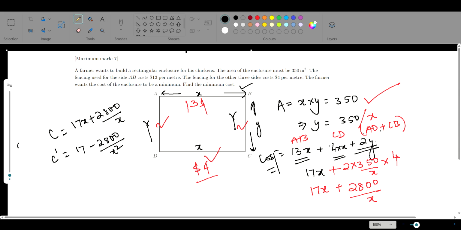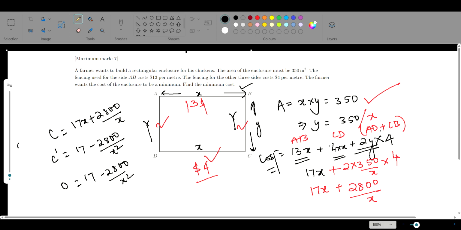So that's why I multiplied 2Y with $4. Then we differentiate C and figure out the value of X which makes it the minimum.